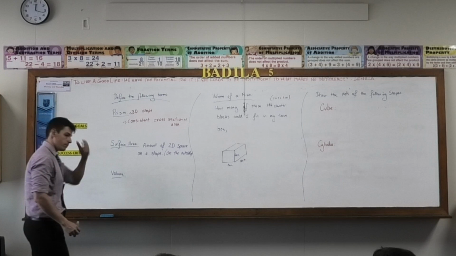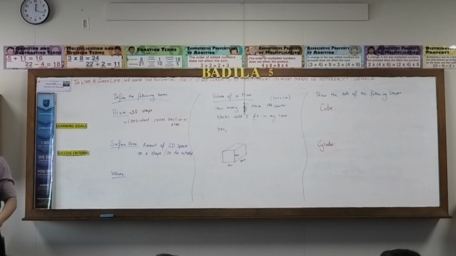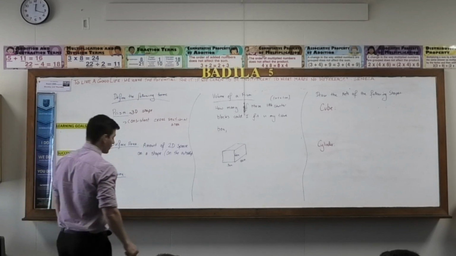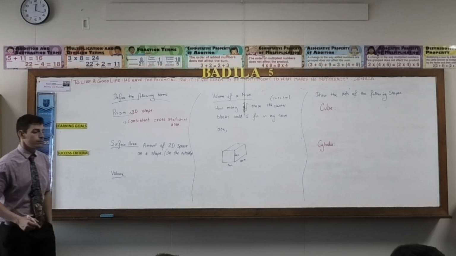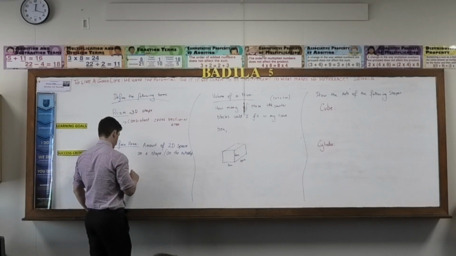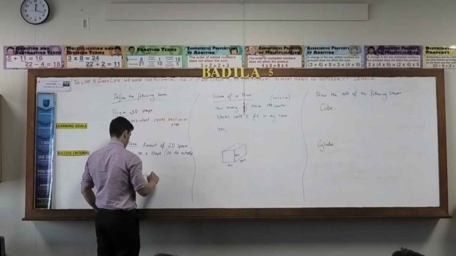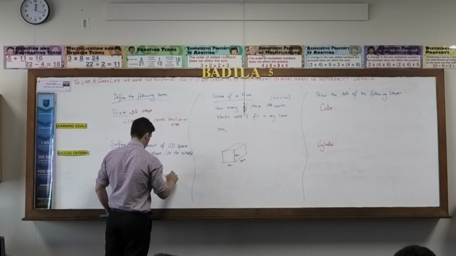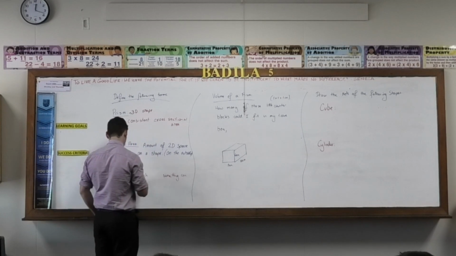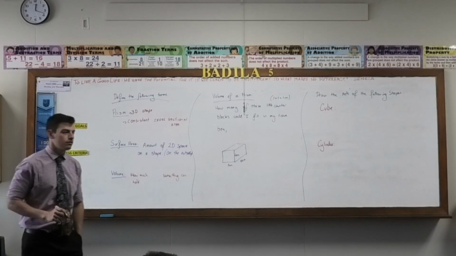What's volume? Because we've all heard of volume, we know what volume is, but sometimes defining these terms is very difficult. Lockie, what do you reckon volume is? How much something can hold. Very good. I've left a word out.